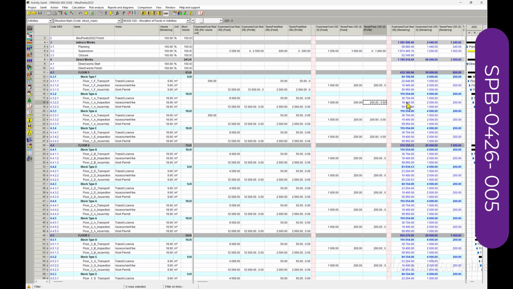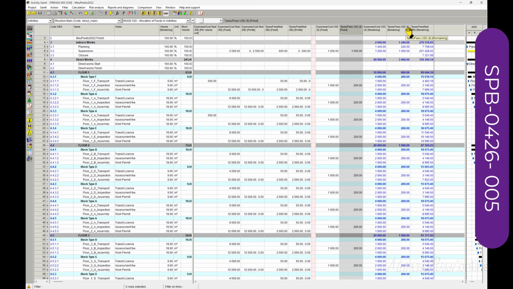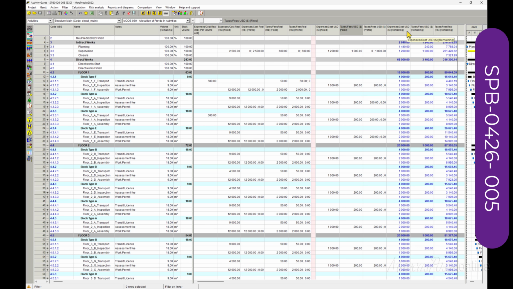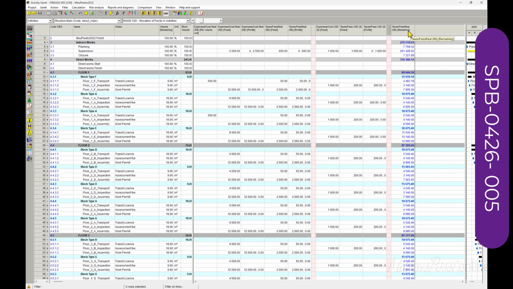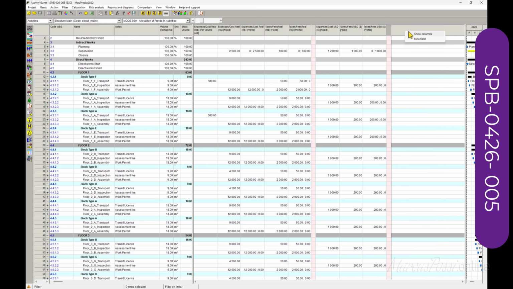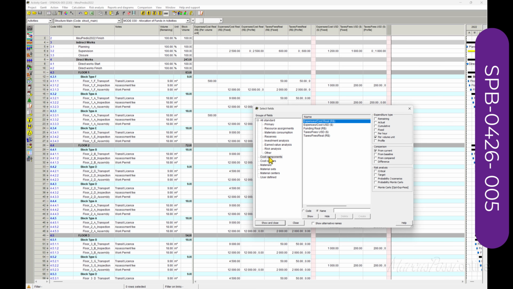Okay. I don't understand this amount of cost here. I remove them. Oh, sorry. I remove them and I will show them again. Expenses, costs, cumulative or remaining.